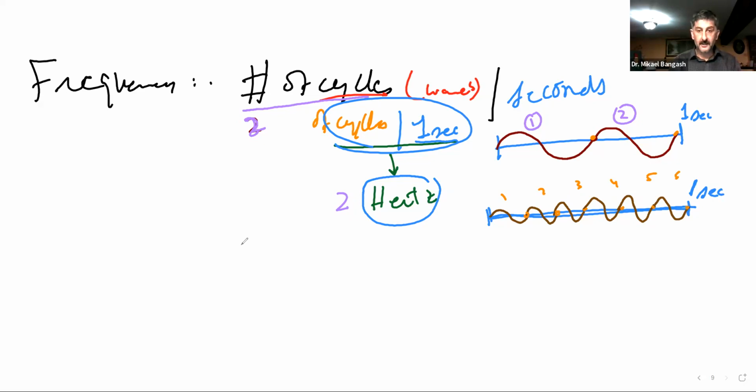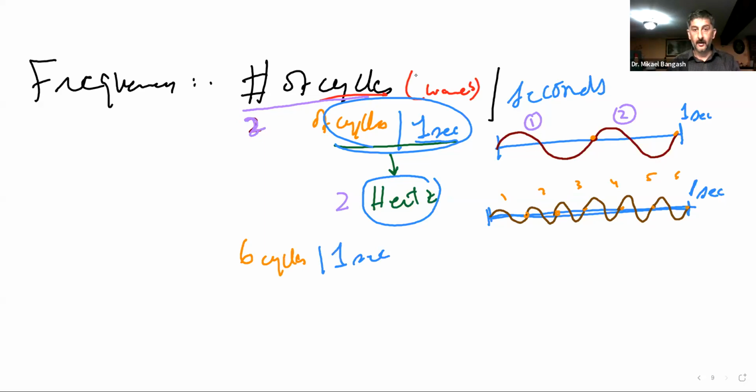So the number of cycles now is 6 cycles, completed in a period of 1 second.